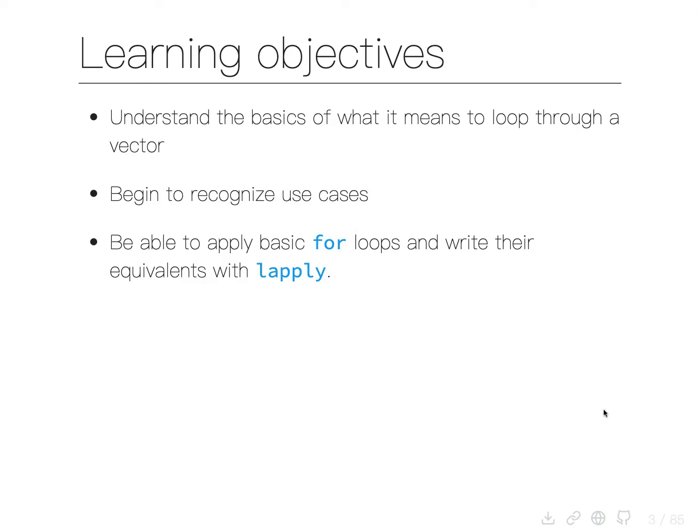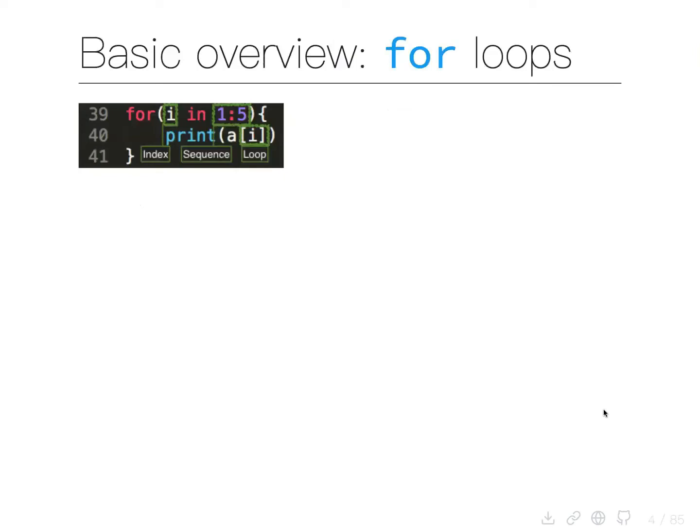So you can end up with potentially much slower code because you're working in data frames than if you just loop through a vector. Okay, so by the end of the day you'll hopefully be able to apply for loops and their equivalents with at least lapply, and we'll look at some of the others too.